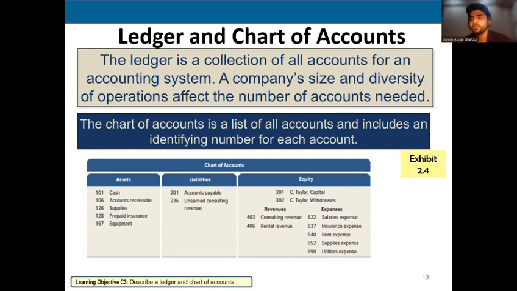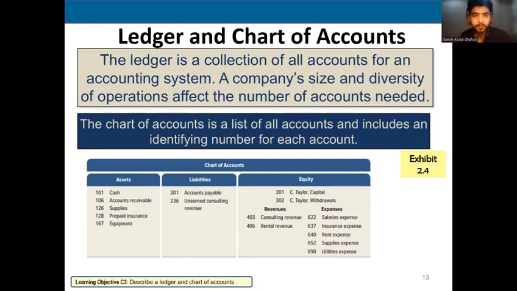Teller is the owner who has invested capital in the business. Teller withdrawals means Teller has taken out some amount, in cash or in any asset, from the business. Revenues and expenses. Revenues can be consulting revenue, rental revenue, or revenue from the sale of your goods. Expenses are paying your employees whom you have hired, business insurance expense, rent expense. These are all types of expenses. The difference between them goes directly into the equity account in terms of retained earnings.